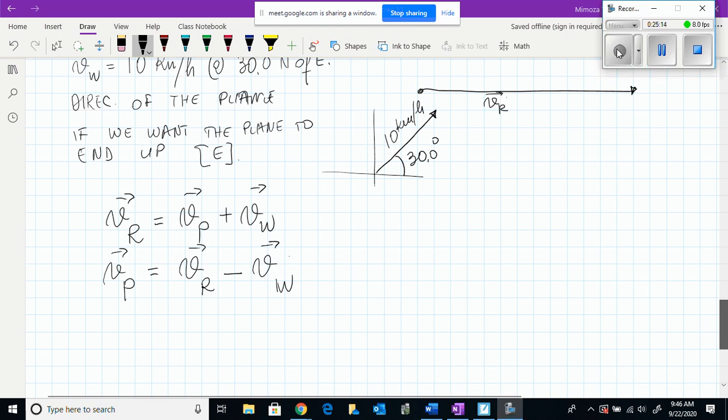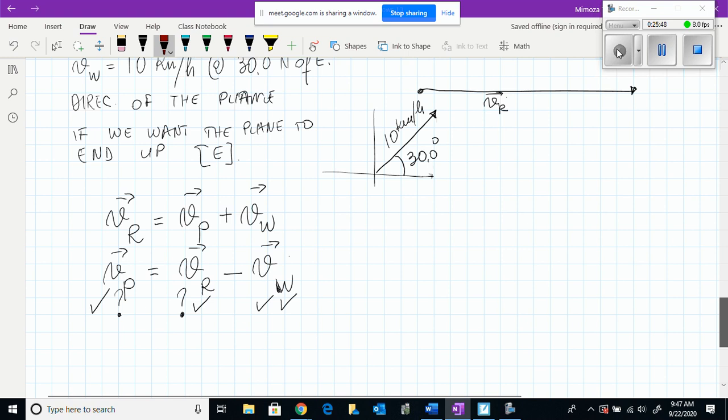On this relationship, we do know the magnitude of the velocity of the plane. We don't know the direction. For the resultant velocity, we don't know the magnitude, but we do know the direction is east. And for the wind, we know both the magnitude and the direction. So we can say that this is the horizontal and this is the vertical.